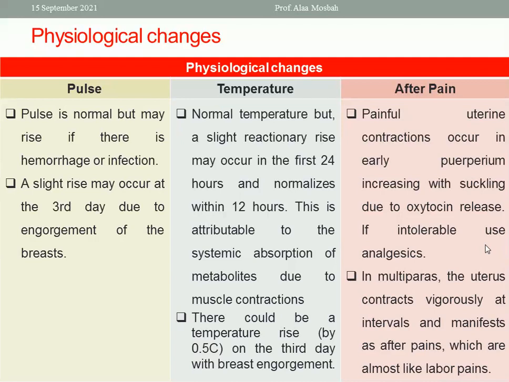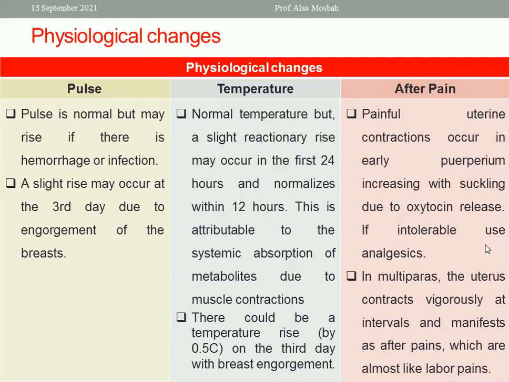This is the painful uterine contraction occurring early in puerperium and increasing with suckling. Why? Because there is release of oxytocin from the posterior pituitary, and this oxytocin is released with reflex stimulation from suckling by the baby, and this oxytocin causes uterine contraction.